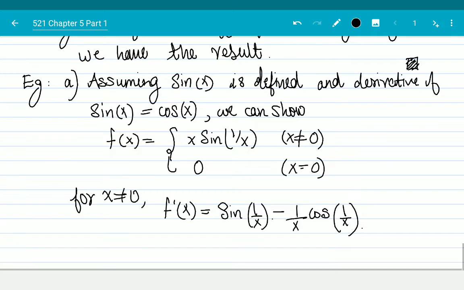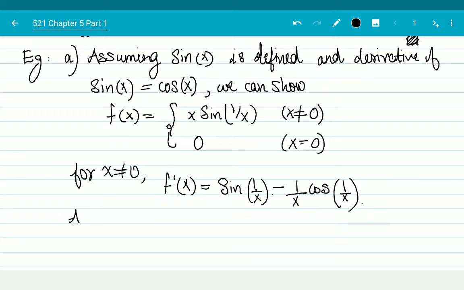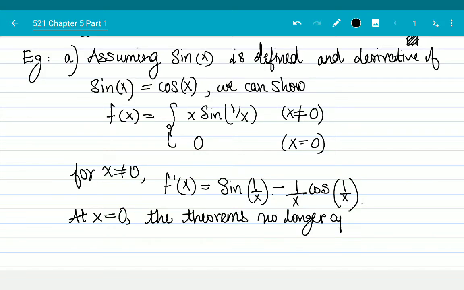Okay? However, at x equal to 0, the theorems no longer apply, as 1 over x is not defined, right?